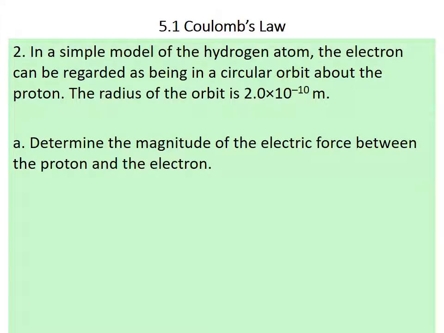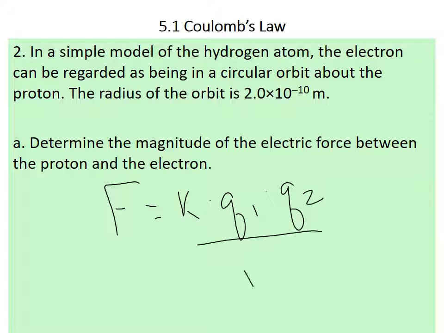Question number 2. In a simple model of the hydrogen atom, the electron can be regarded as being in a circular orbit about the proton. The radius of the orbit is 2 times 10 to the minus 10 meters. A. Determine the magnitude of the electric force between the proton and the electron. So you will use this equation, F equals k times Q1 times Q2 over r squared.